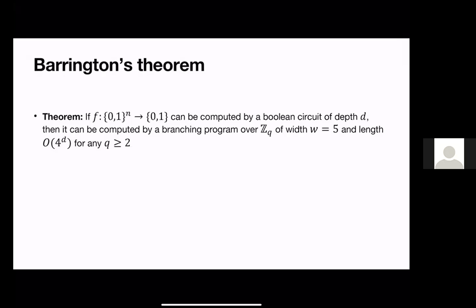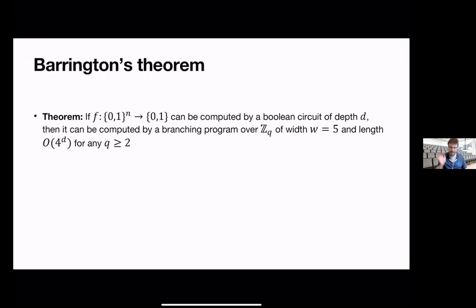Because in a circuit of depth d, you can have 2 to the d operations. Yes, but you could have a circuit which is of size, let's say, n, and just does n sequential operations, right? So you would turn a sequential computation into something exponentially large.